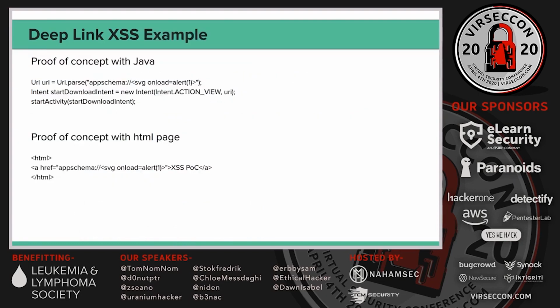And here's a deep link example. So once again, this can be done with Java, or it can be done with a deep link. And this isn't only limited to if a host isn't validated. You should also test parameters.